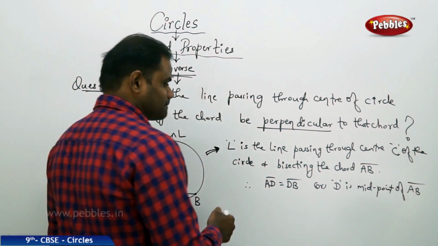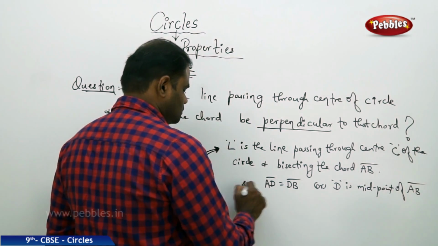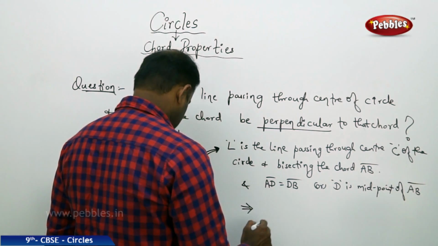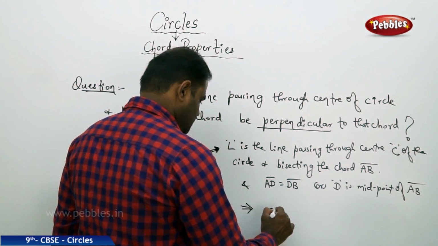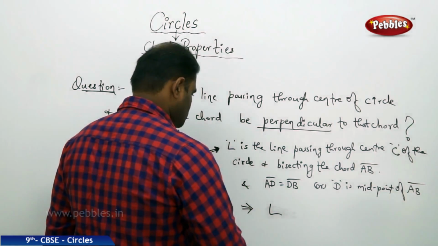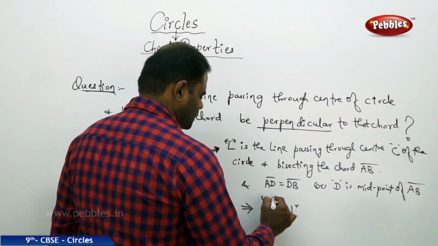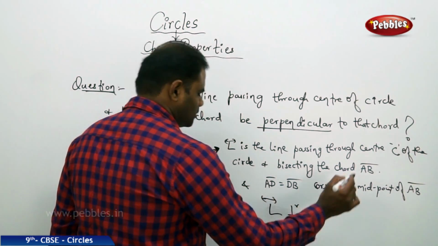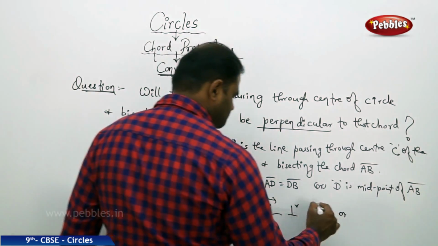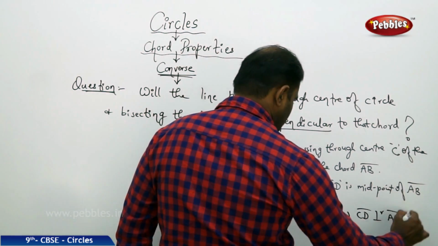Therefore, that implies CD, or line L, is perpendicular to line AB, or you can also say CD is perpendicular to AB.